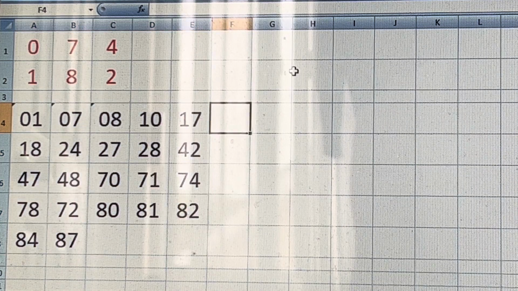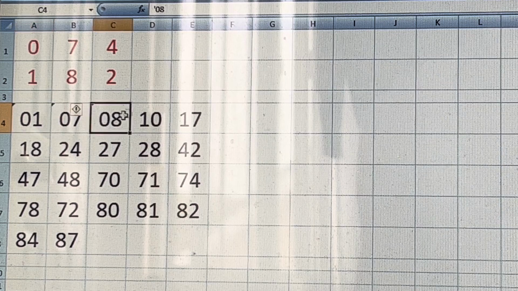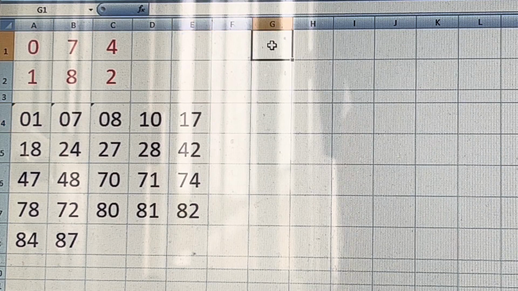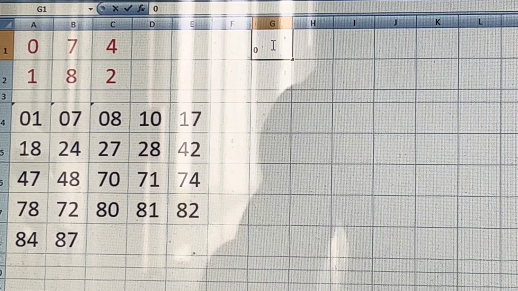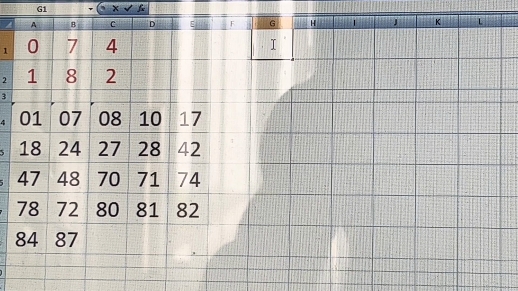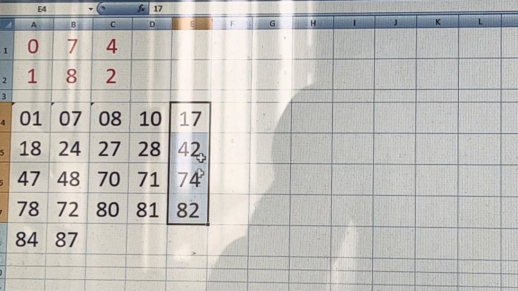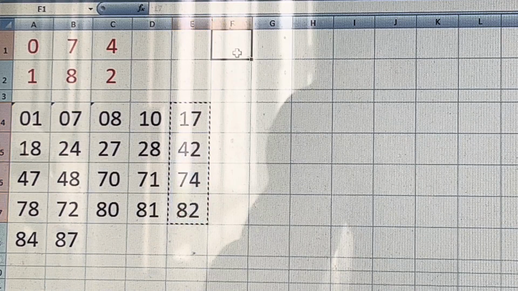Now you have to count how many numbers are in each digit being used. For instance, digit 0.